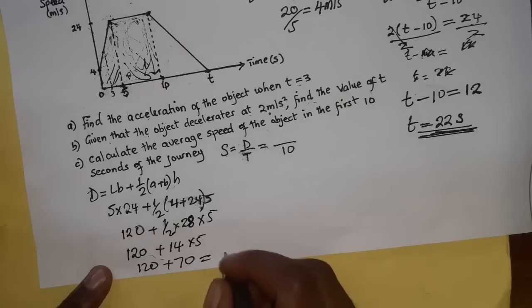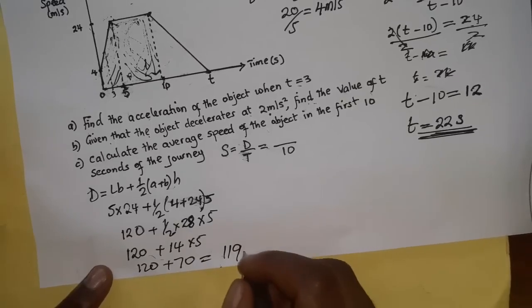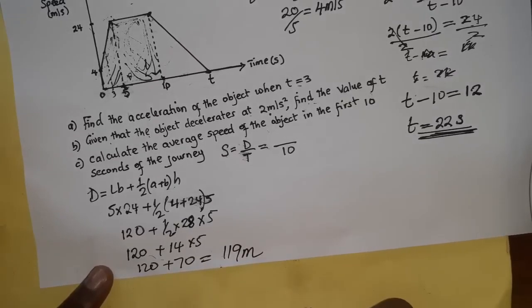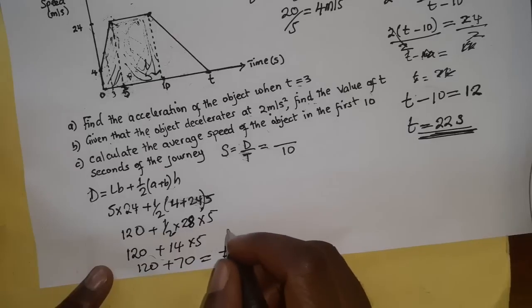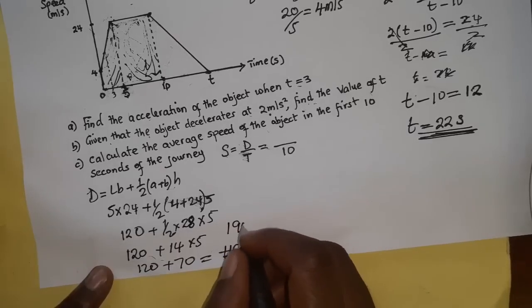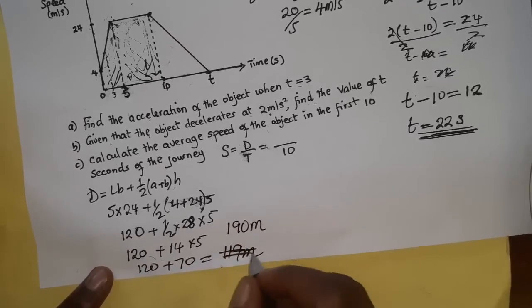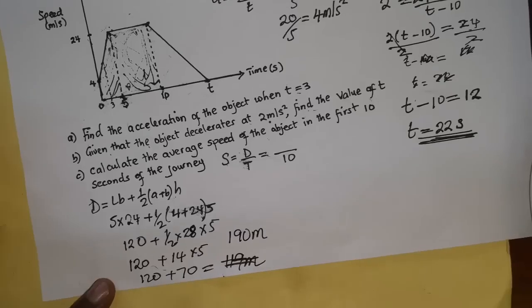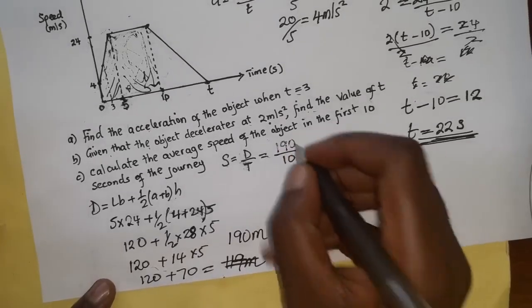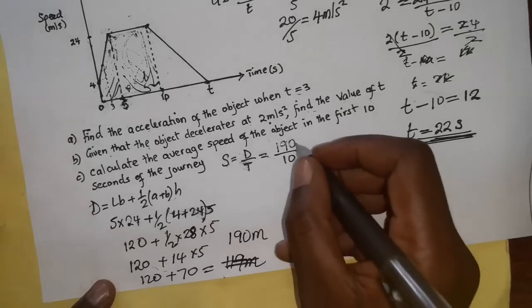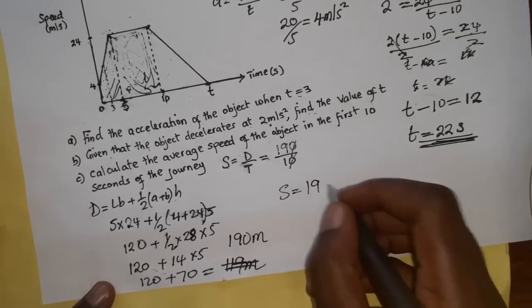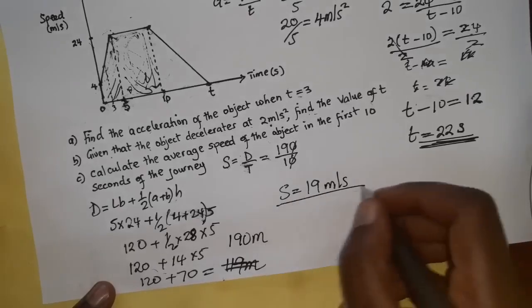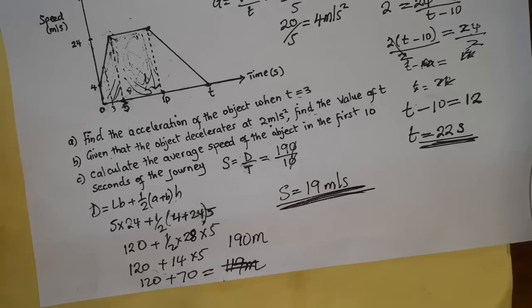And this is going to give us 190 meters. So that is what we're supposed to bring here. When you simplify, speed is going to be 19. This is what will be your answer.